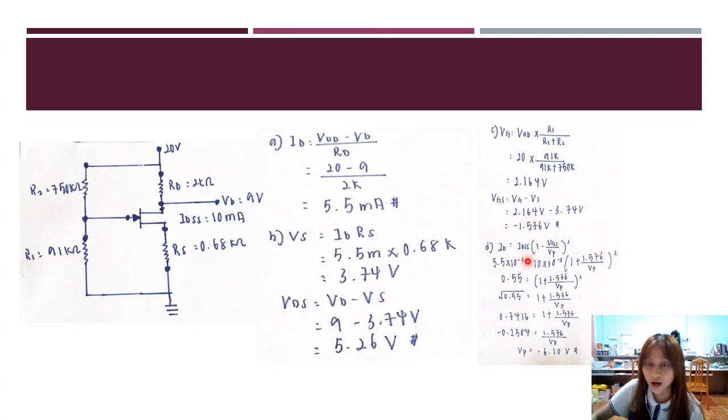Next, we'll use the formula ID equal to IDSS times 1 minus VGS divided by VP, squared. After that, we use this formula because we have the VP here, so we'll get an answer of 6.1 volts.